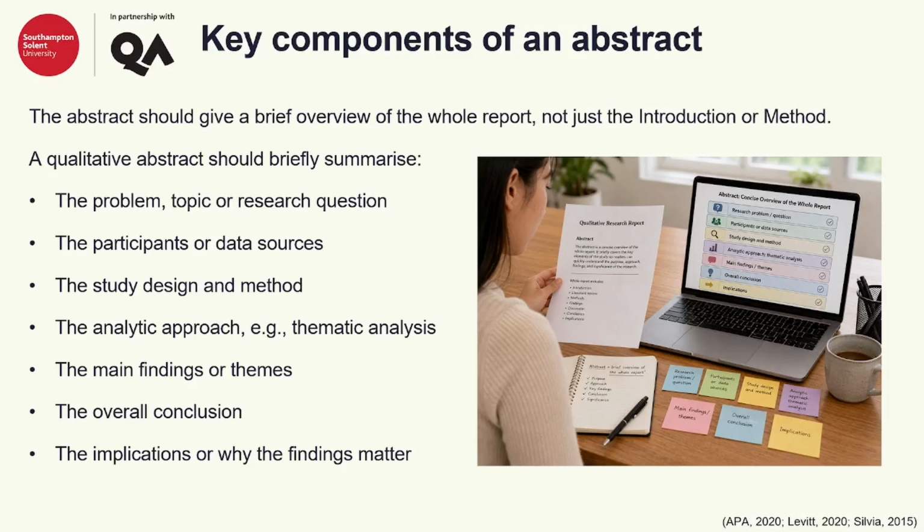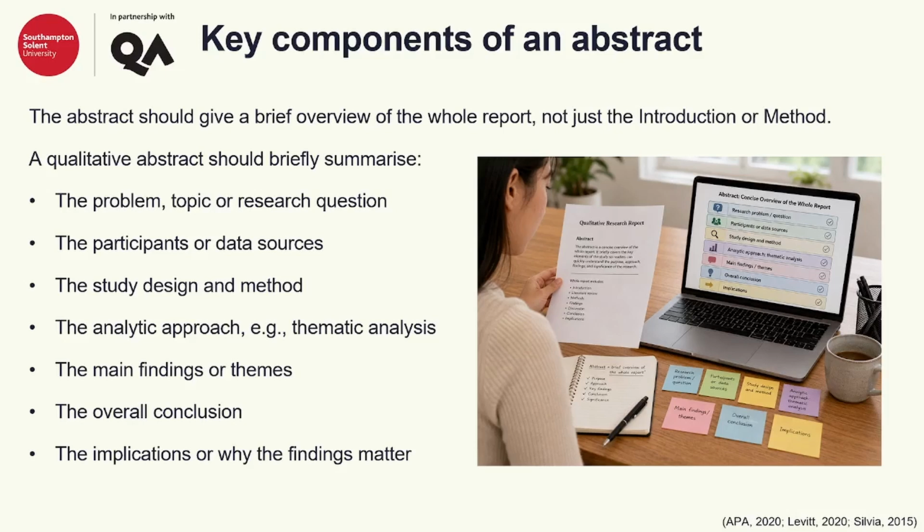Next, identify the study design and method. For example, you might state that the study used a qualitative design and analyzed data from focus group discussions. You should also identify the analytic approach. In your current qualitative reports, this is likely to be thematic analysis.